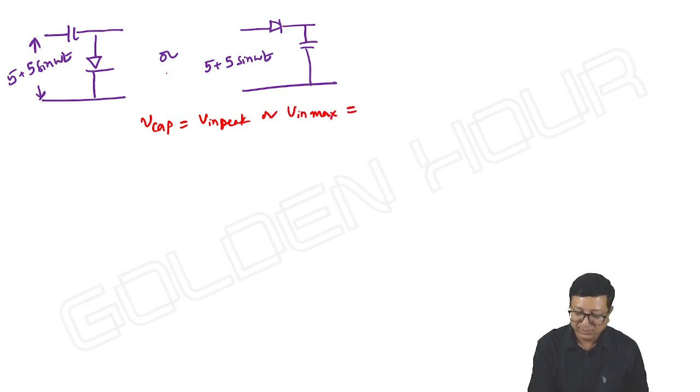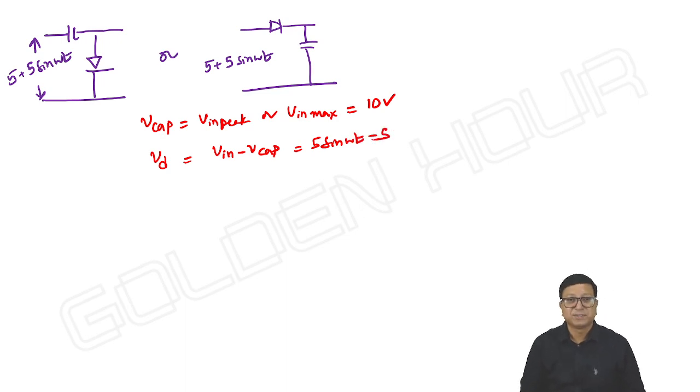What is that value? 5 plus 5, 10 volts. In both the cases, Vd is equal to V input minus V capacitor. It is equal to 5 sin omega t minus 1. Is it not so?